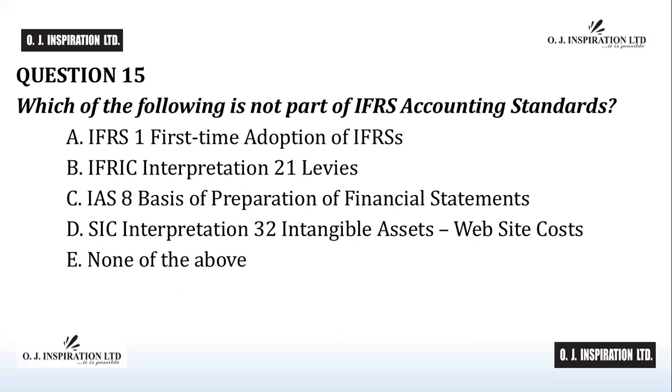SIC, that is SIC interpretations. In formal terms, from the issuance of IFRS 18, International Financial Reporting Standards, IFRS and IFRSs are now known as IFRS accounting standards. This covers the interpretations as well. E is the answer to question number 15.